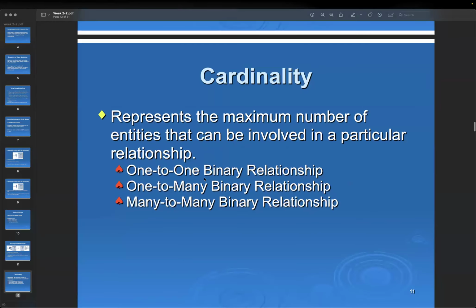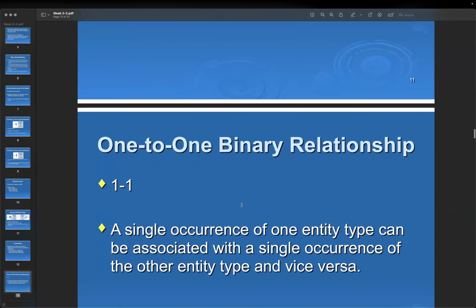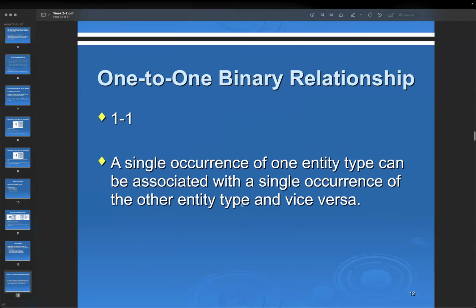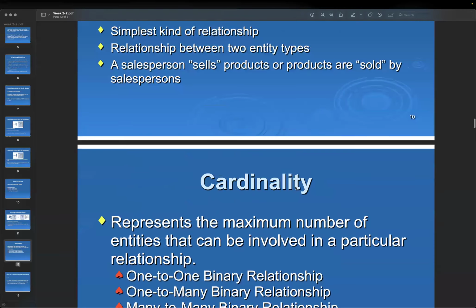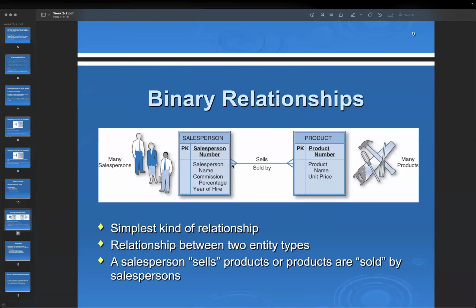So on top of it, if we talk about a binary relationship, it may be one-to-one, one-to-many, or many-to-many. Just talking about a one-to-one relationship, there is only a single occurrence of one entity right here, associated with only one single occurrence right here.